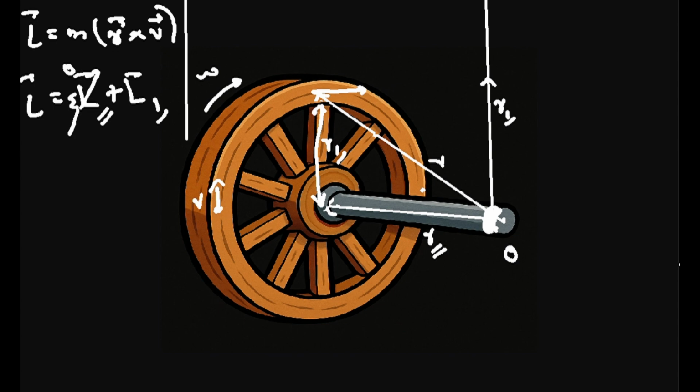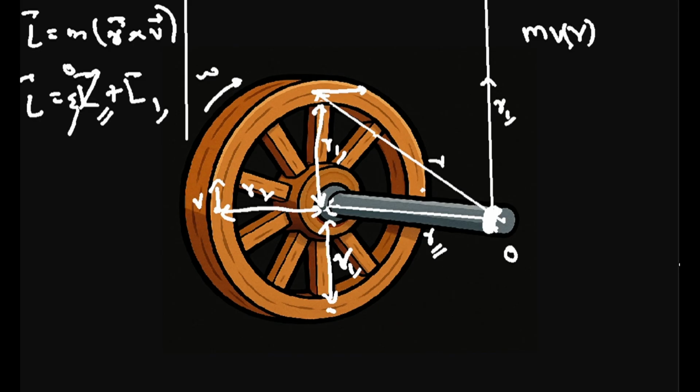What about the r perpendicular? Yes, this is the r perpendicular here. And if you take any other particle here also, this will be the r perpendicular here. So what is the property of all these r perpendicular? This r perpendicular is actually the radius of this wheel. So if you take the summation, I can write m times vr.